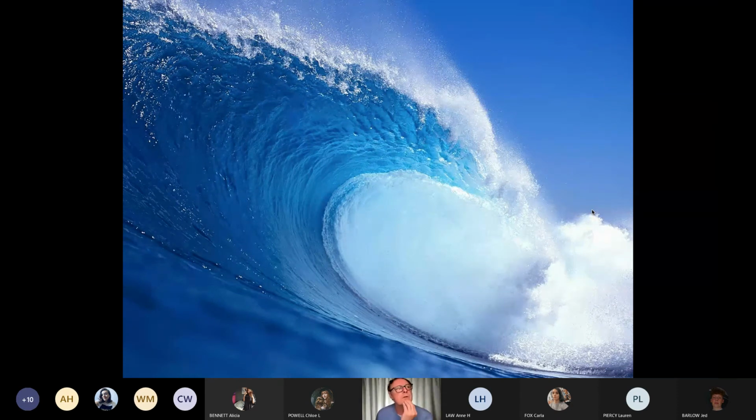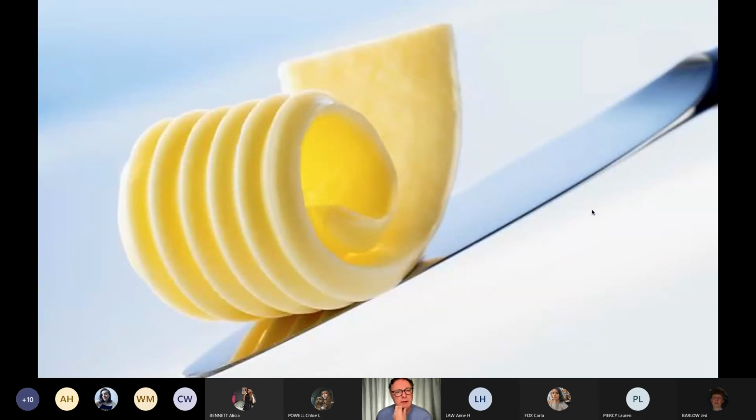And remember earlier when I said, think like an anthropologist, look at the way people interact with products and see if you can pick up any clues from the way that people interact or navigate with a particular kind of product or entity. You're looking at food here, looking at butter rather.